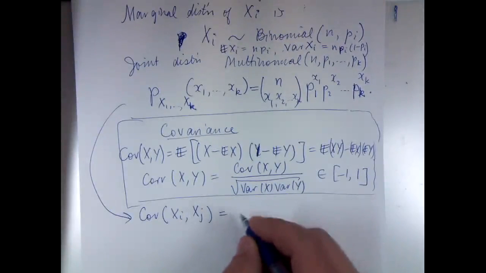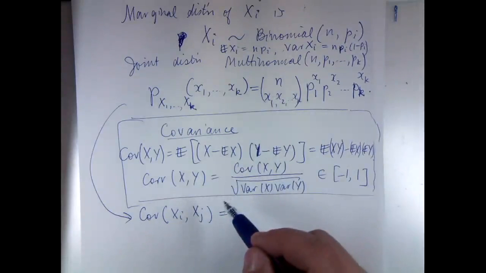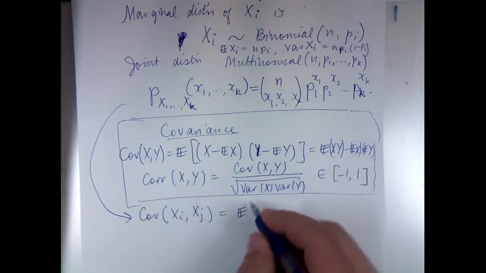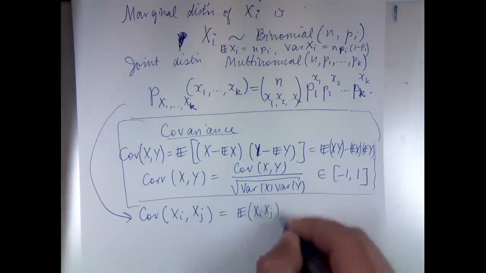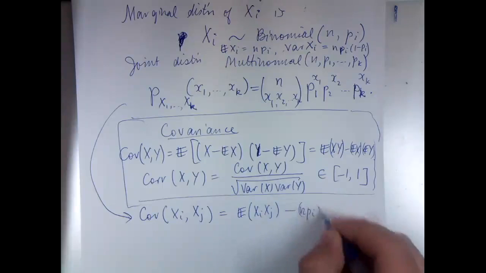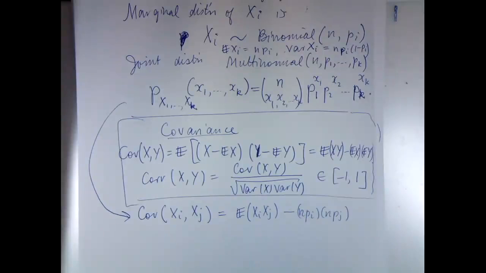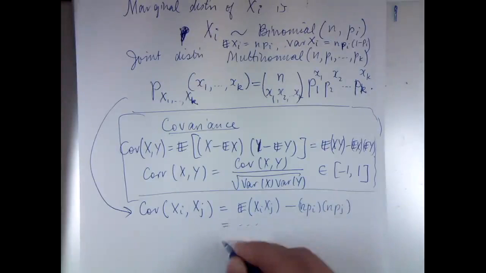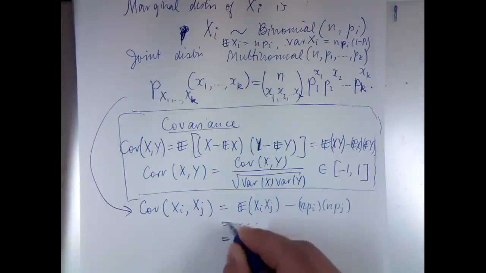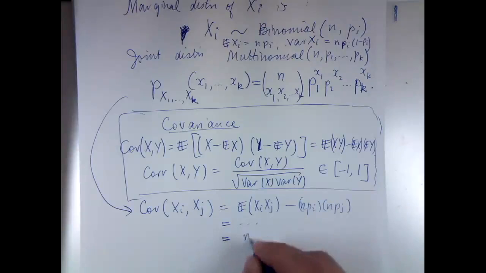So let's possibly on the next tutorial, or maybe a bit later. So it turns out to be minus n pi.